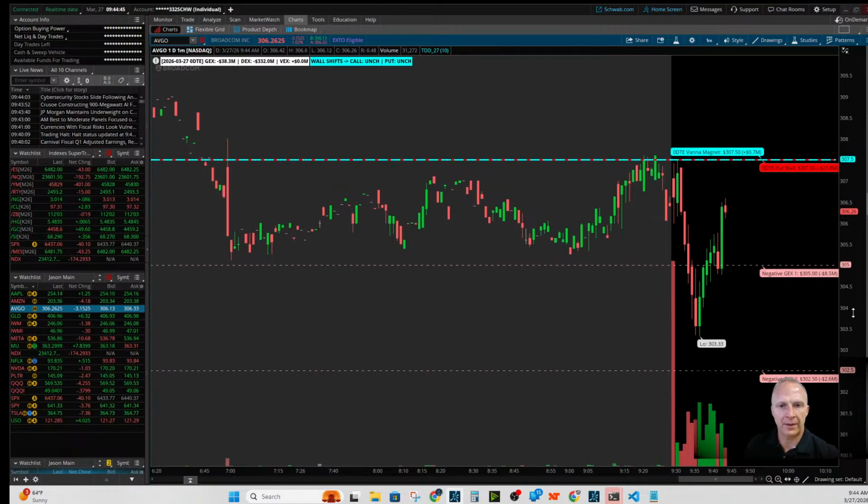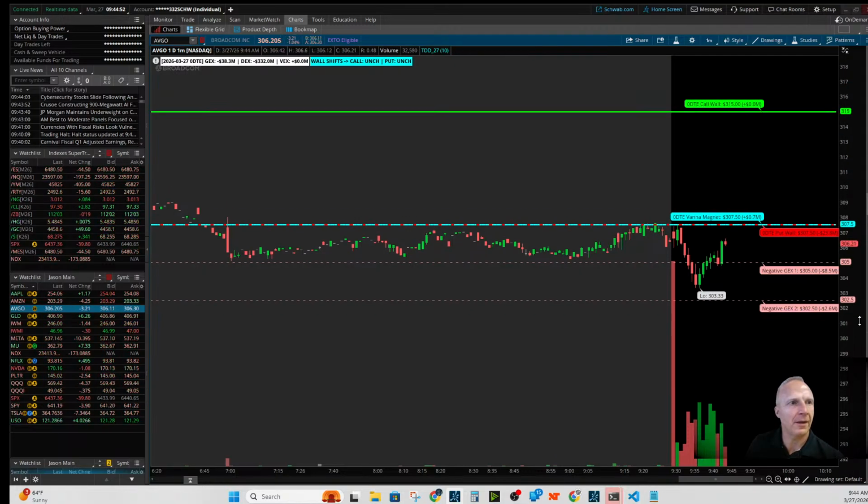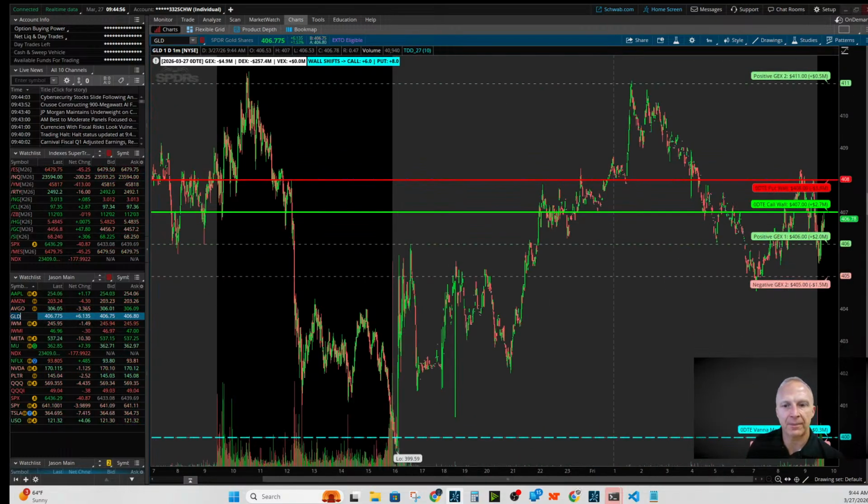That low right there, 303. Low the put wall. Vanna magnet's above it. I don't know where that Vanna magnet is. GLD, gold's up.